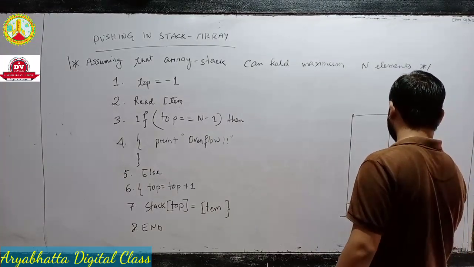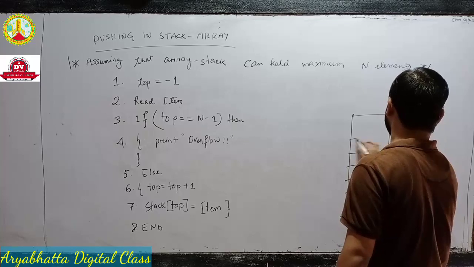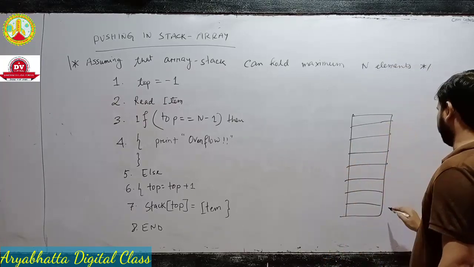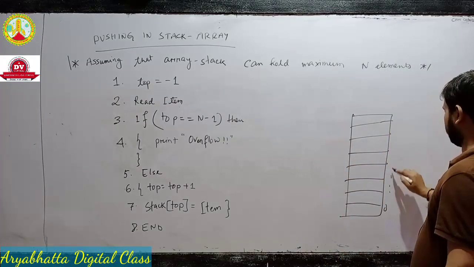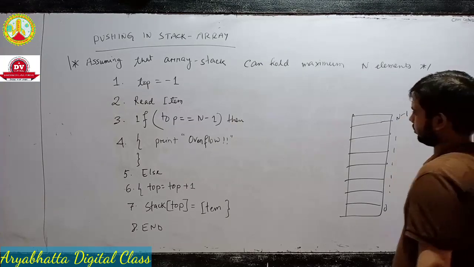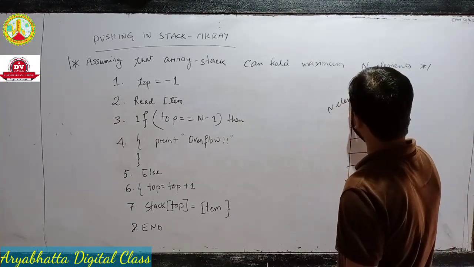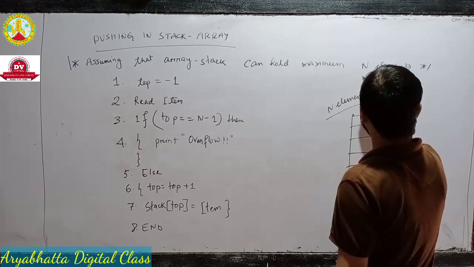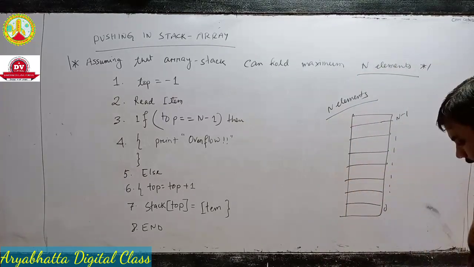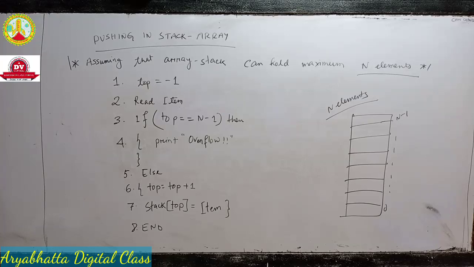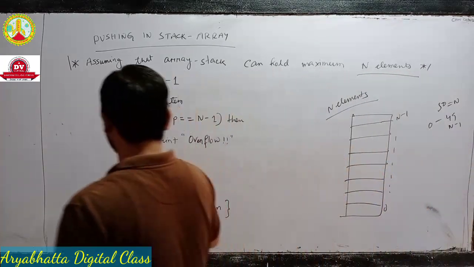So this is a stack, and your index is initialized from 0 to n minus 1 because there are n elements. The index starts from 0, that's why it ends at n minus 1. Like 50 elements means what? 0 to 49. If 50 is n, this is n minus 1. A mathematical concept. Remaining you will see.